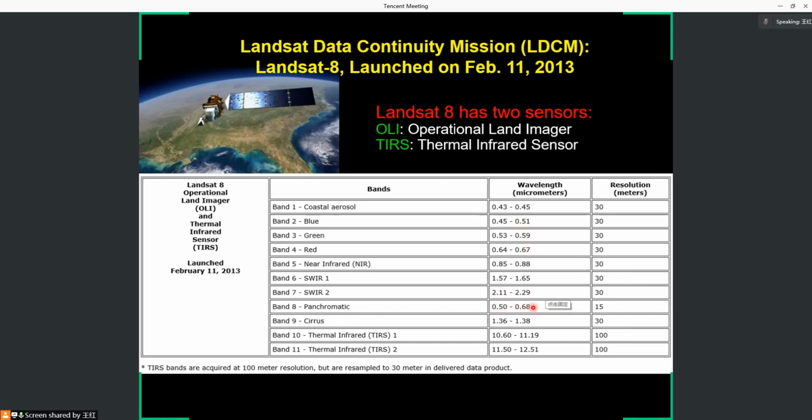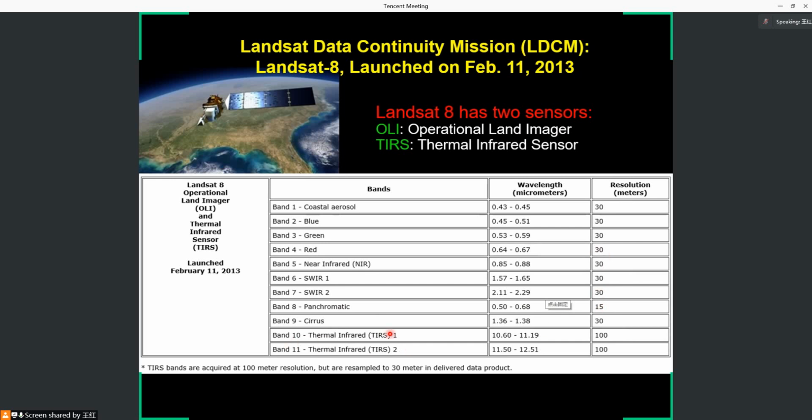The range of wavelength is wider than any other band, but its spatial resolution is higher, only 15 meters.